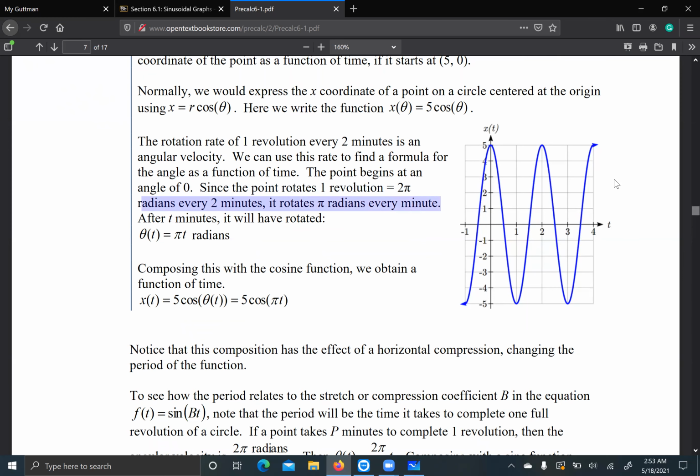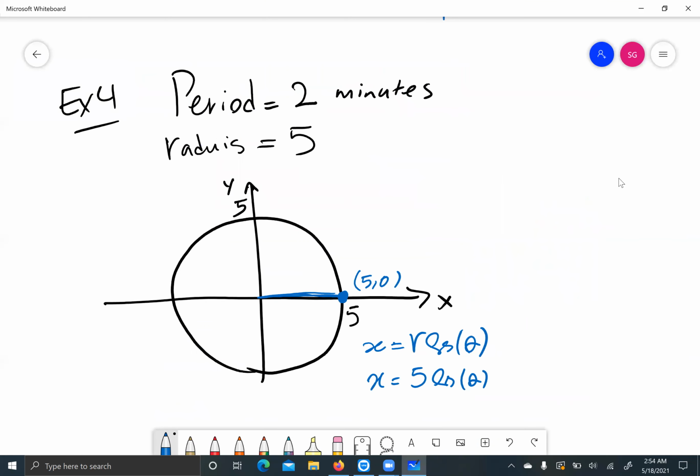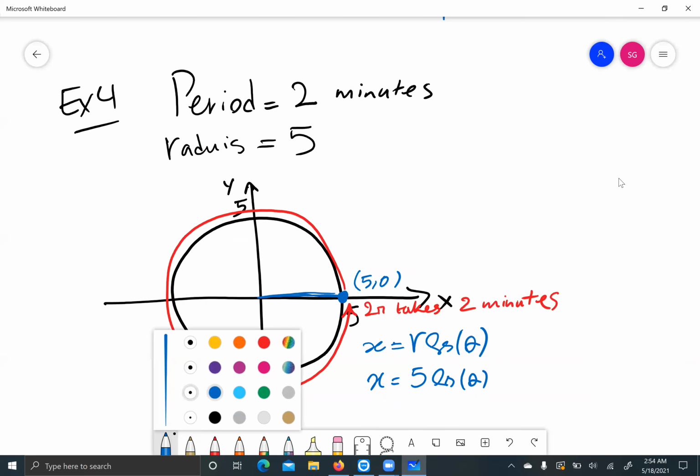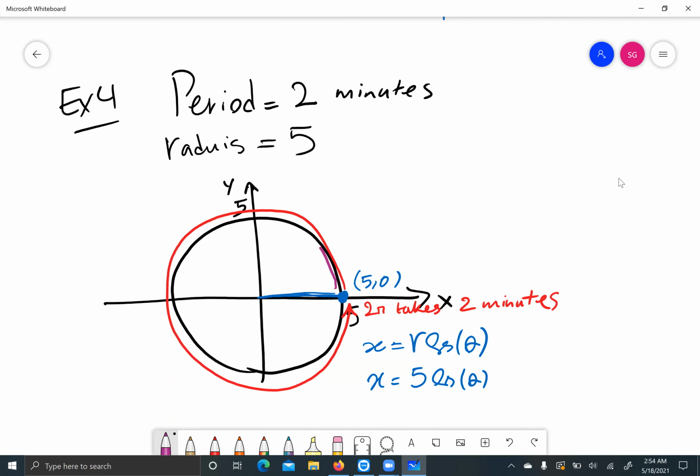That's right. Because one complete rotation, which is 2 pi, takes 2 minutes, halfway through, which is pi, takes 1 minute.